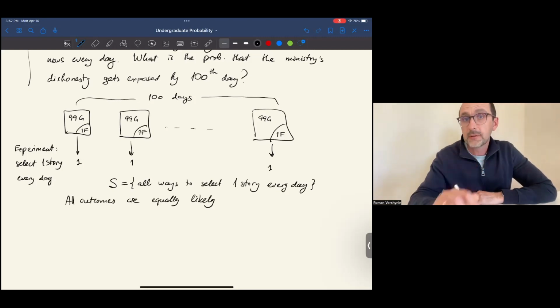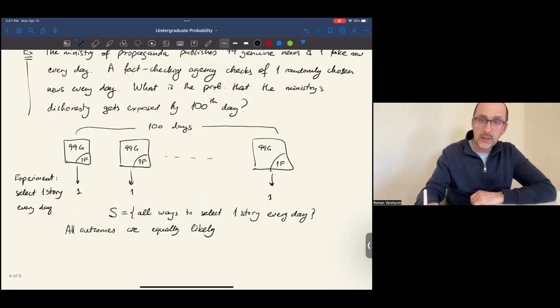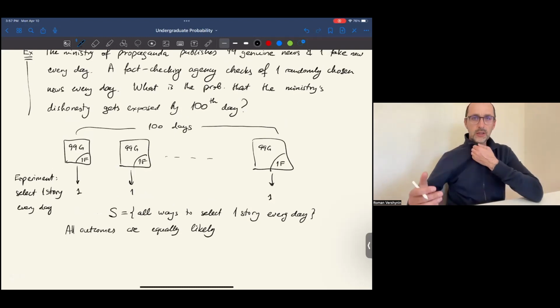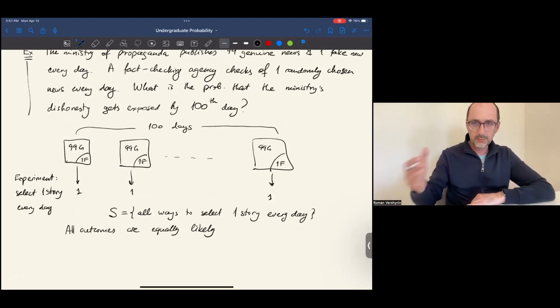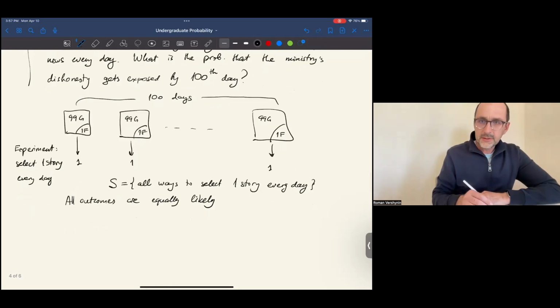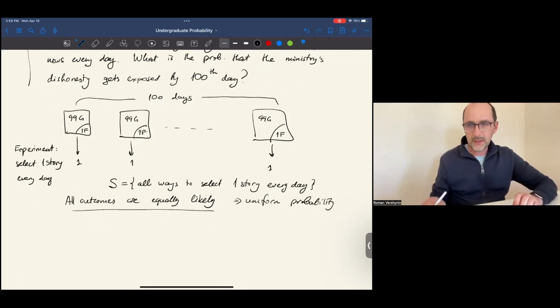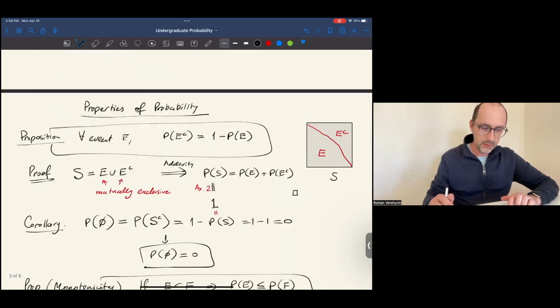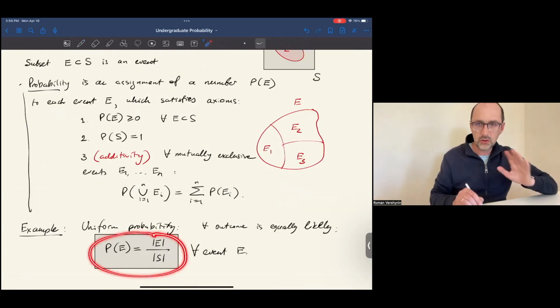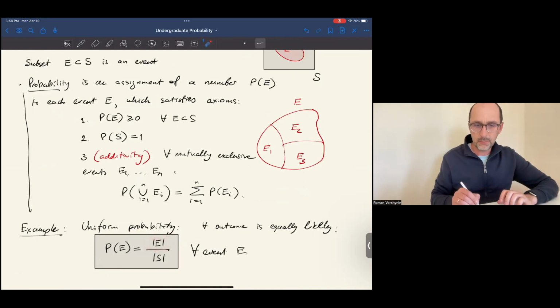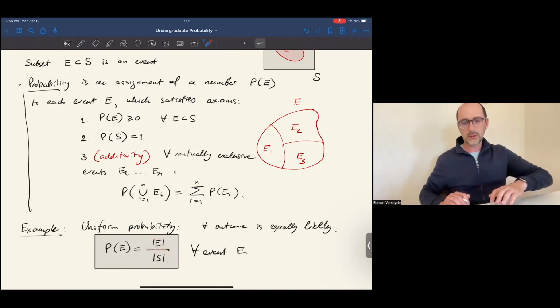And that is because the fact-checking agency does not know beforehand what story it will check. It just checks completely at random every day. That assumption makes the probability assignment a uniform probability, and the probability of any event of interest can then be computed just by the ratio of the number of outcomes in E over the total number of outcomes.